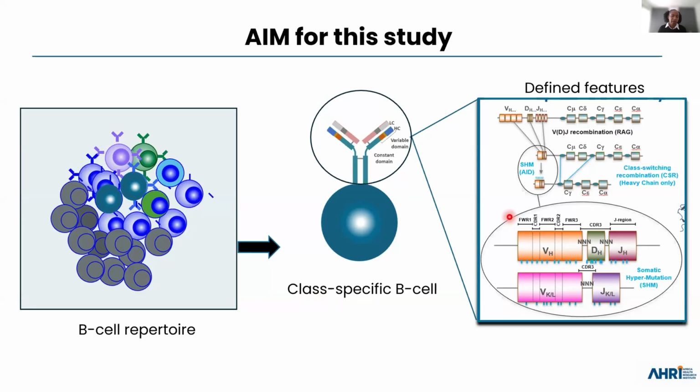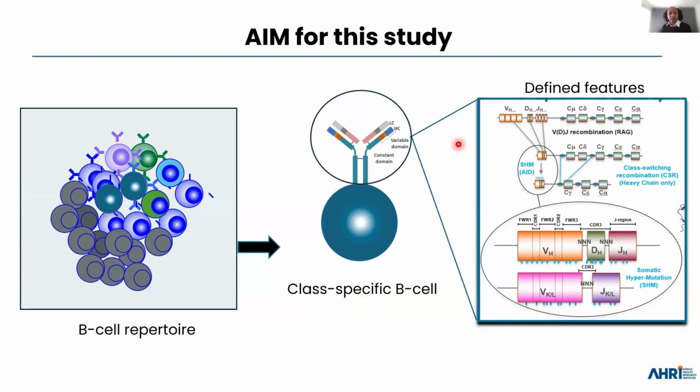Class-specific because we know that all broadly neutralizing antibodies have got defined features, and they have been characterized already, and we know what they look like. So we want to be able to say, from this class-specific B cell that we have, does it match those features or not? What is really happening?